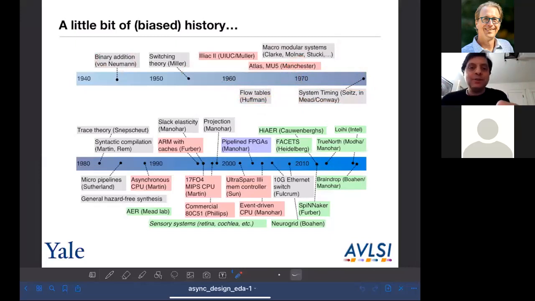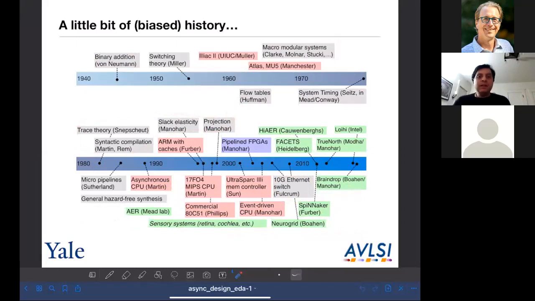Then there's a huge amount of work starting from the early 80s and early 90s, and I've color coded this. The gray stuff is more theory. There's a one-off here, which is an Ethernet switch chip. The red boxes are microprocessors, and these are all neuromorphic chips, so neural network chips.